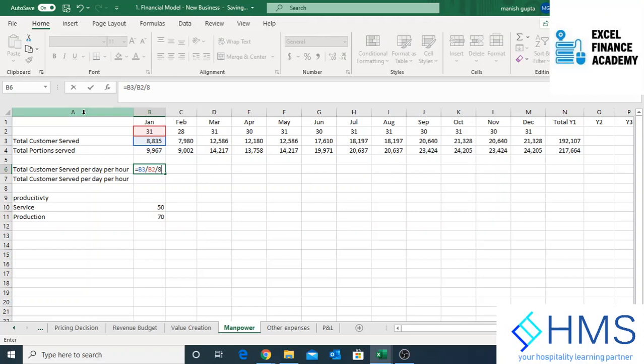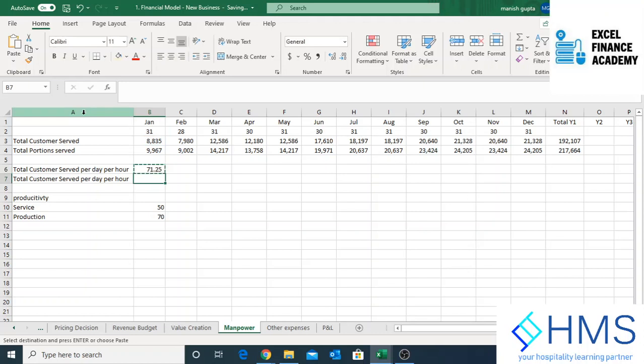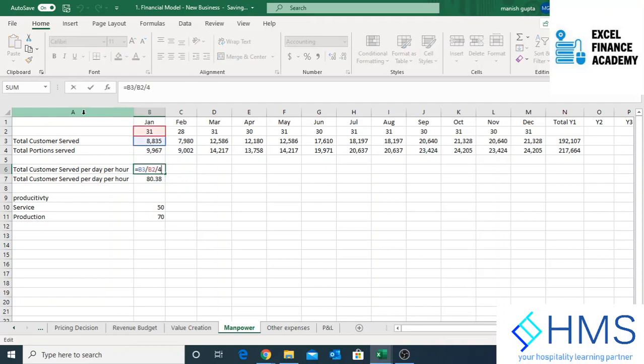We are assuming 8, but if you say no, we are actually going to be busy only for 4 particular hours, 2 hours in the morning, 2 hours in the evening, so let's divide by 4. Then you have to calculate it the same way, divide by 31, divide by 4. Now you will get it. Round again, don't forget to do a round.